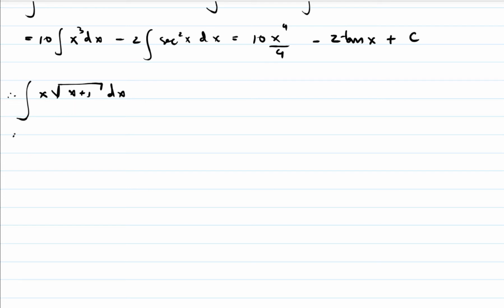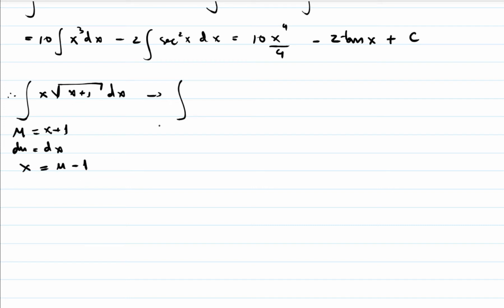Let us see, we always take the most complicated thing or the longest thing here. So u is equal to x plus 1. So it means that our du is equal to dx. Great. Now this is x, but we don't have a relationship of x here. This means that x, if you make some alterations, is equal to u minus 1.